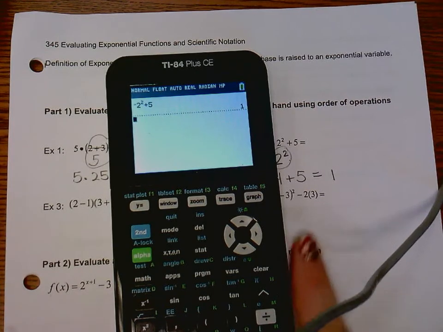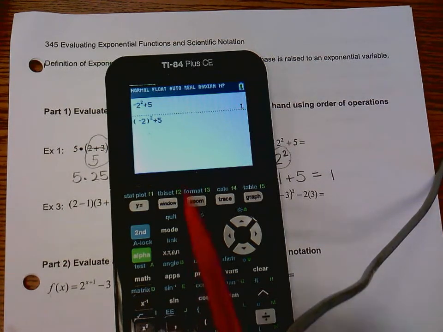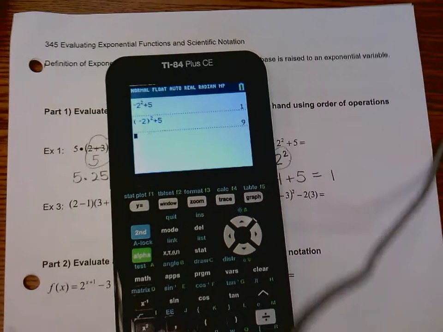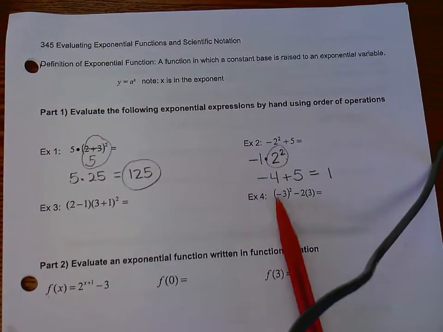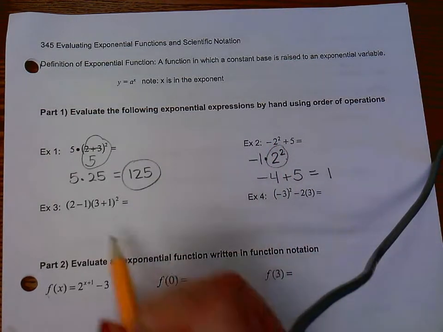That's what we got. Now what happens if I put the -2 inside parentheses and I square it and add 5? This is going to give me 9, because I'm going to get +4 plus 5, which is 9. So there's an important difference when the negative is in parentheses or not in parentheses. All right, so the answer was 1.